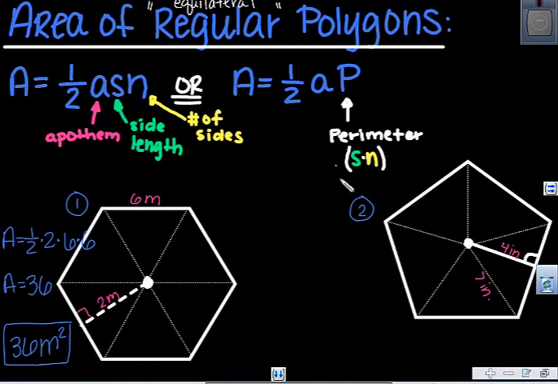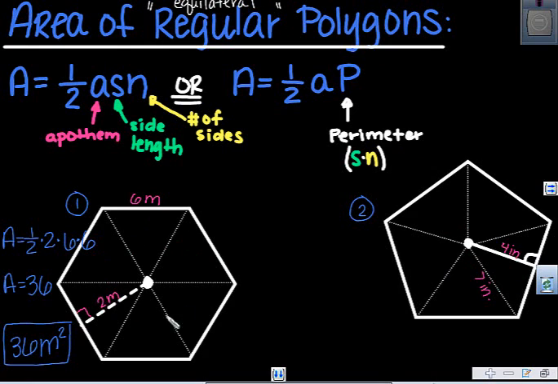Now the second one's going to be a little more complicated because they don't give you a side length. It's not labeled. They give you this dotted line, which, if you notice, these dotted lines in both the examples here are splitting our regular polygons into triangles. So the pentagon is split into 5 triangles.